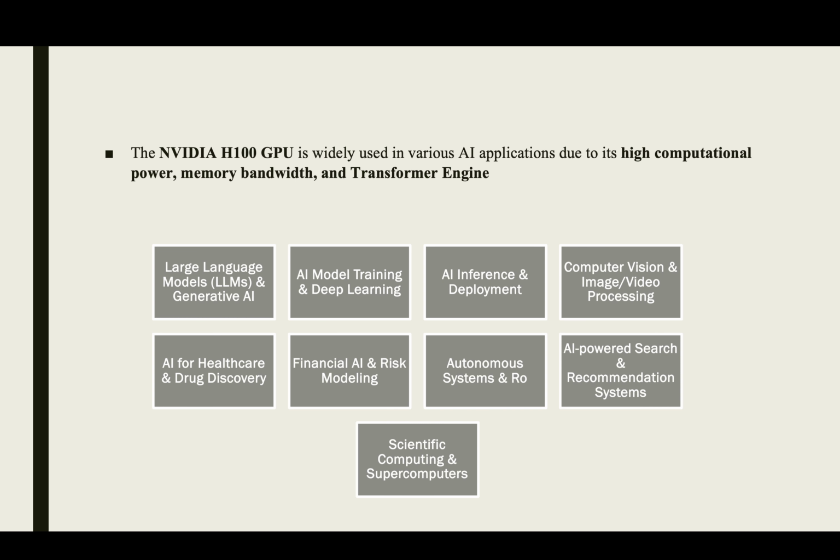Then comes AI powered search and recommendation systems: Google search, YouTube recommendations, Facebook, Instagram, TikTok AI driven feeds, and e-commerce AI like Amazon, Shopify, Alibaba.